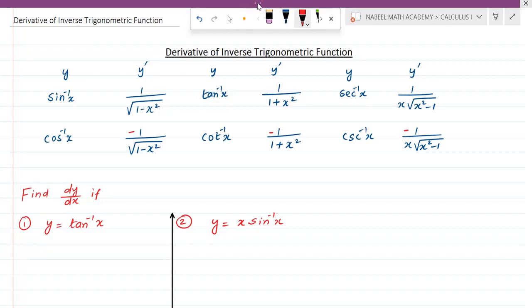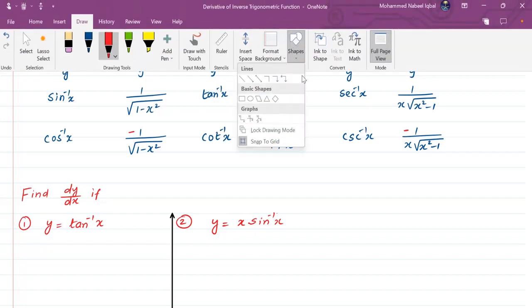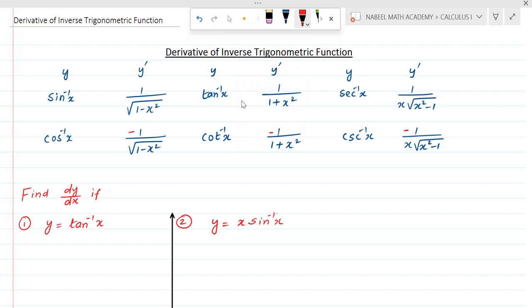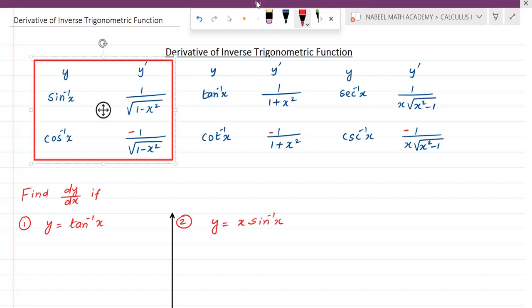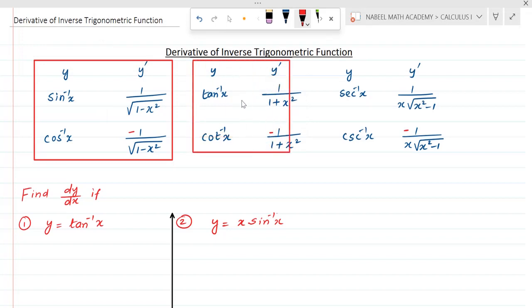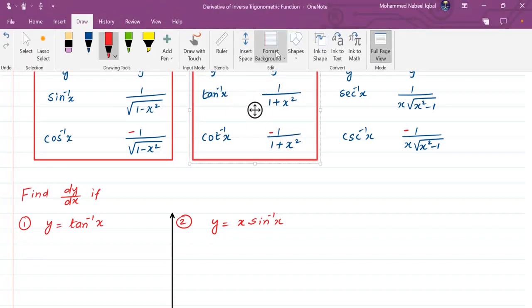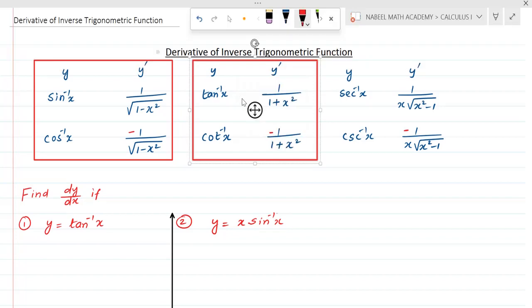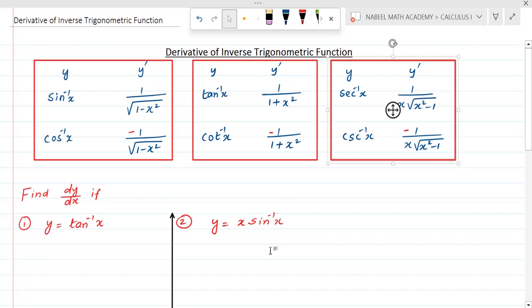We are using these 6 formulas to solve the problems: the first is sine and cosine, the second is tan and cotan, and then we have cosec and sec. Okay, let us solve the problems.